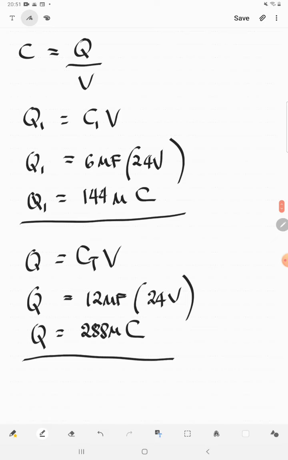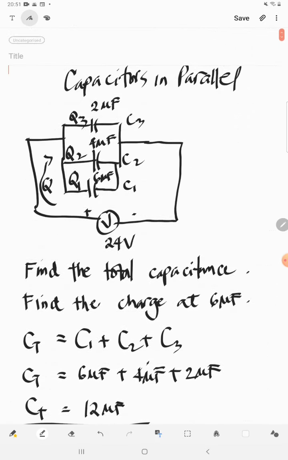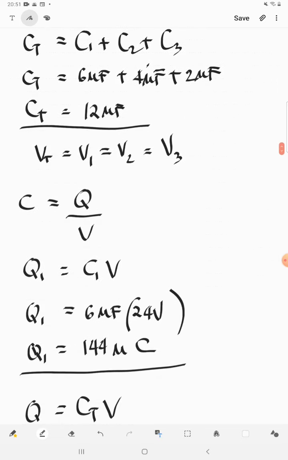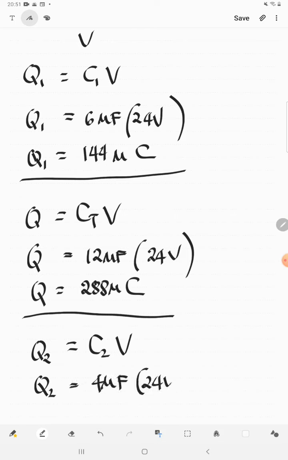If we are going to find the charge at 4 microfarad, or Q sub 2, Q sub 2 is C2 times V. So Q sub 2 is C2, which is 4 microfarad, times 24.